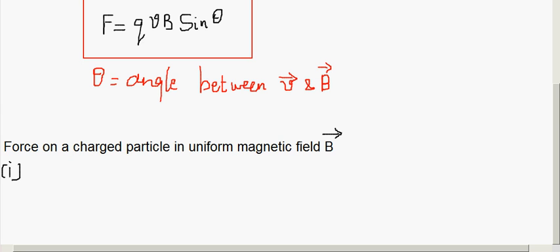Therefore, force on a charged particle in uniform magnetic field B is 0 if it is at rest, that is, F is equal to 0 when V equal to 0.